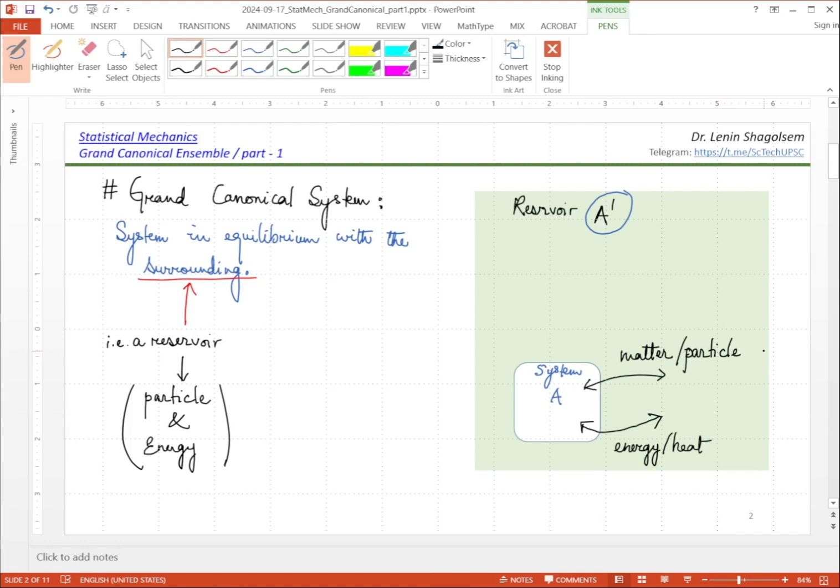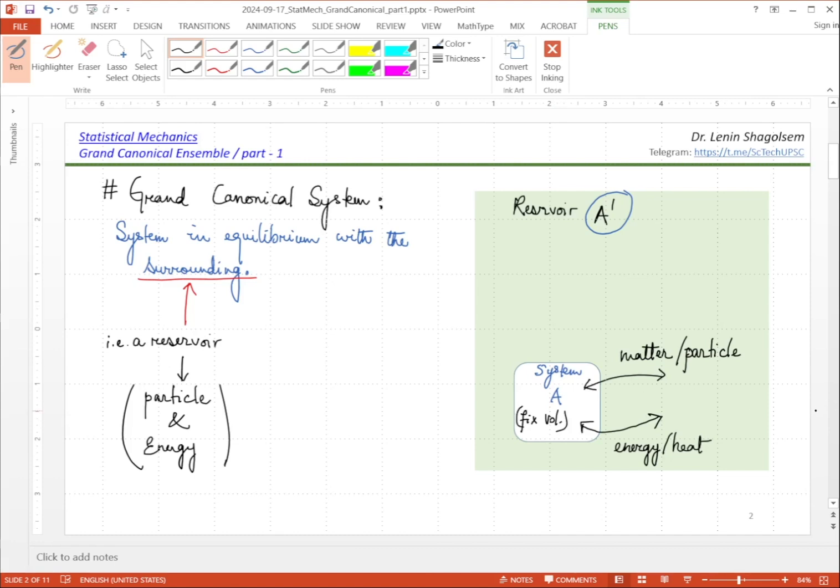So it allows exchange of both energy as well as particles between the system and the surroundings. This is the kind of system that we are dealing with. For simplicity, we will consider a system having a fixed volume.